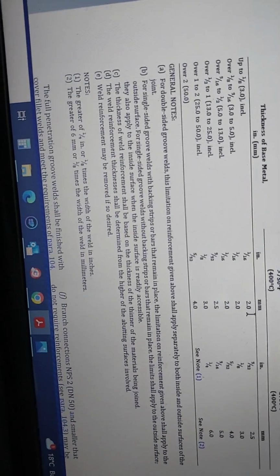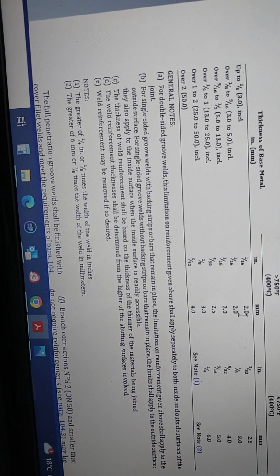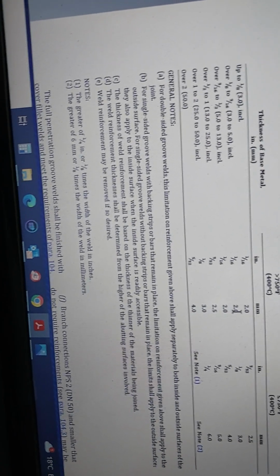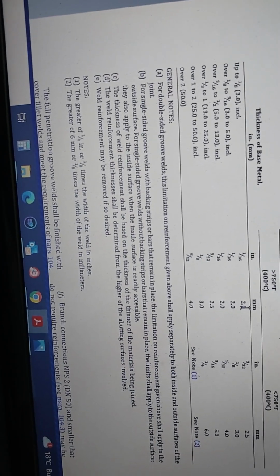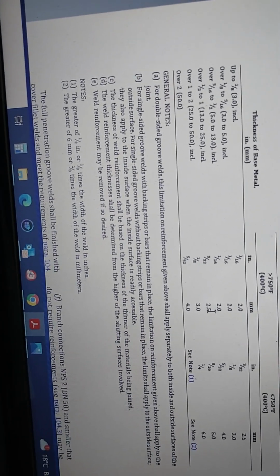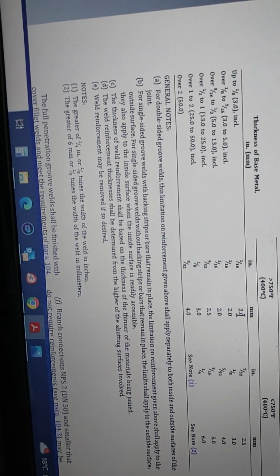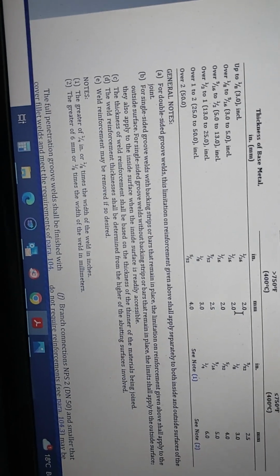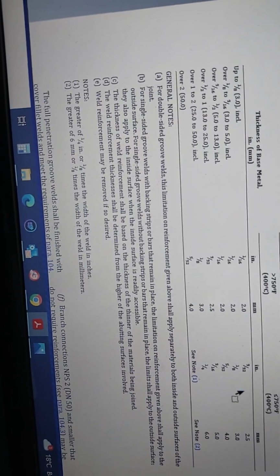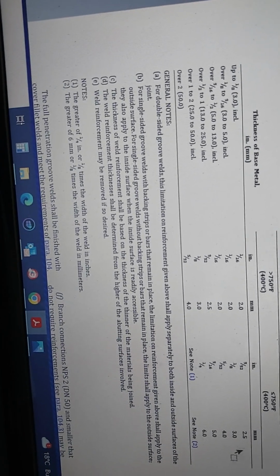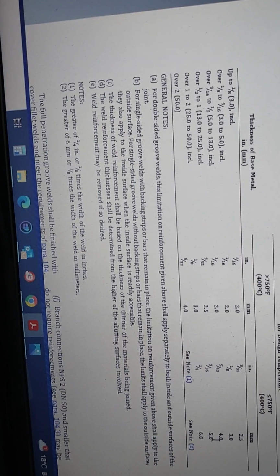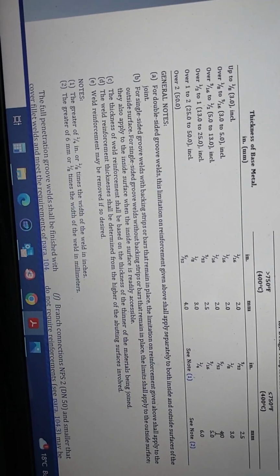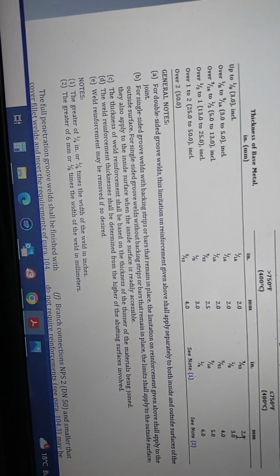These weld reinforcements are very low, as you see, but this is what we usually see at sites or fabrications.